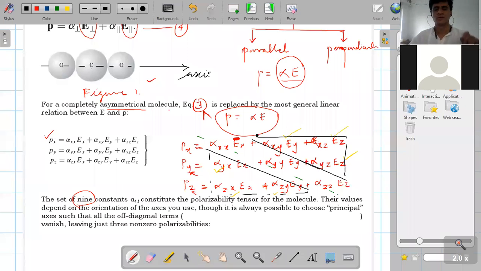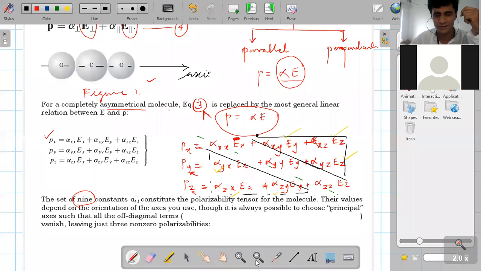Okay, see, for asymmetric molecule, there are total 9 components. In that, there are 3 components related to diagonal, and therefore there are 6 off diagonal elements. Understood up to this level, dear student?